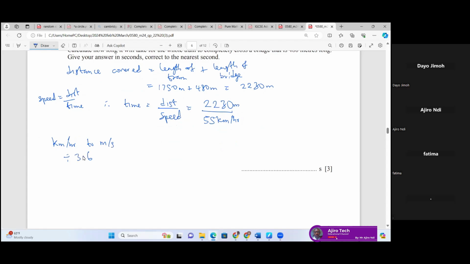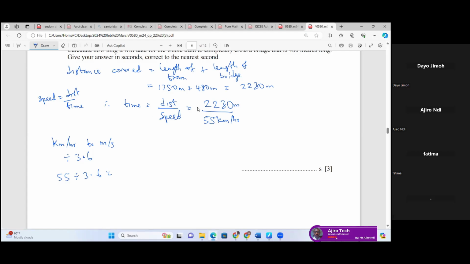This is the shortcut. Divide by 3.6. So let me say 5 divided by 3.6. What would that give us? What is 5 divided by 3.6? Sorry, let me get that again. 5 divided by 3.6. Okay, we're going to get something.